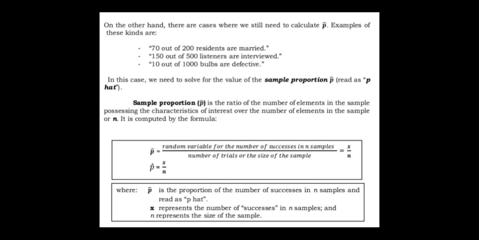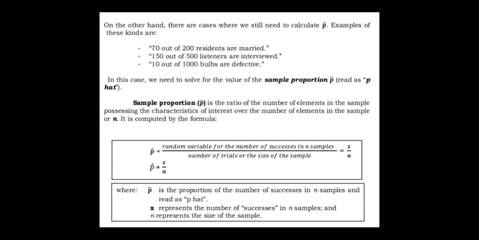Sample proportion is the ratio of the number of elements in the sample possessing the characteristic of interest over the number of elements in the sample, or n. It is computed by the formula p-hat is equal to the random variable for the number of successes in n samples over the number of trials, or size of the sample, which is x over n. p-hat is equal to x over n, where p-hat is the proportion of successes in n samples.